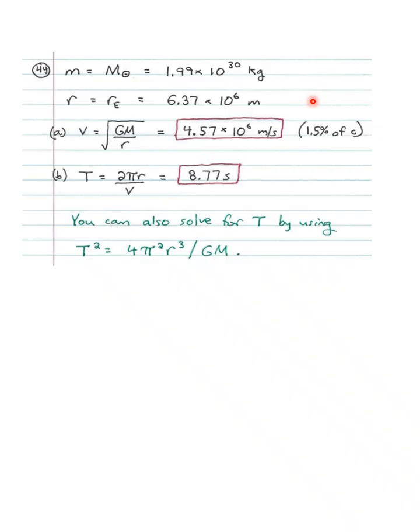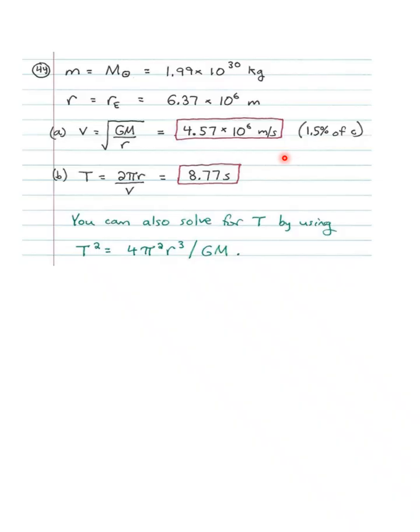And let's go for the simplest equations that go back in the chapter. You get that the speed for something in circular orbit, v is square root of GM over r. And so we're going to get 4.57 times 10 to the 6 meters per second when we plug those values in, and very fast. That's about 1.5% of the speed of light.